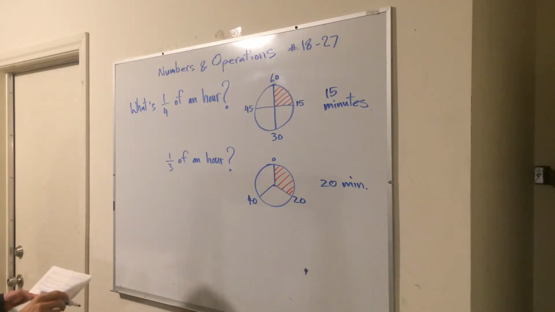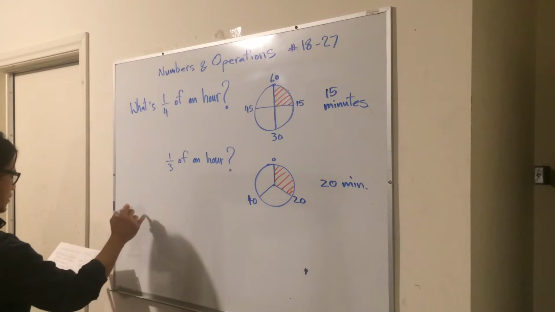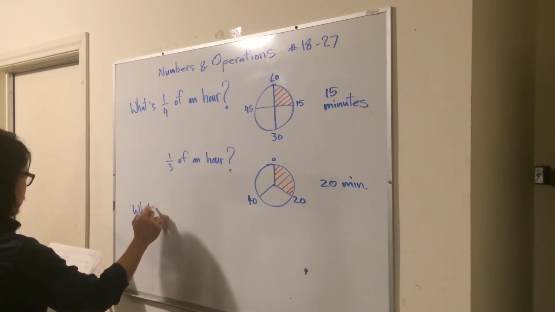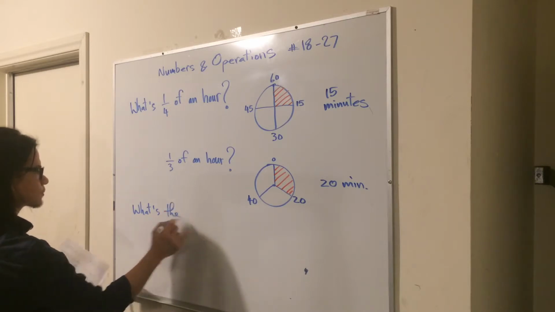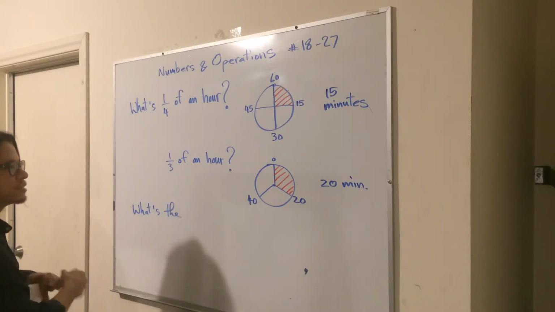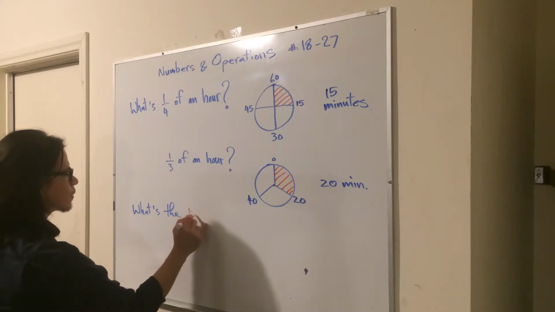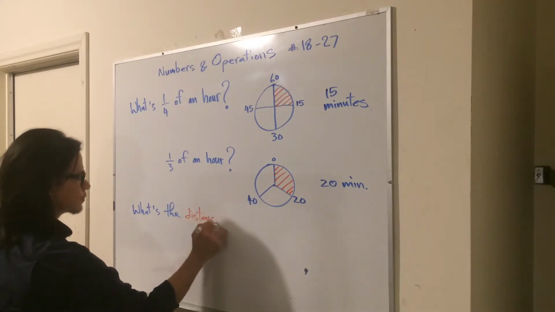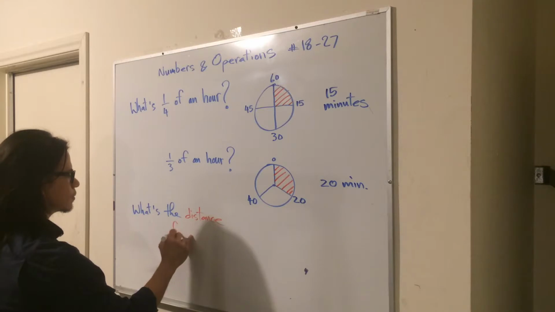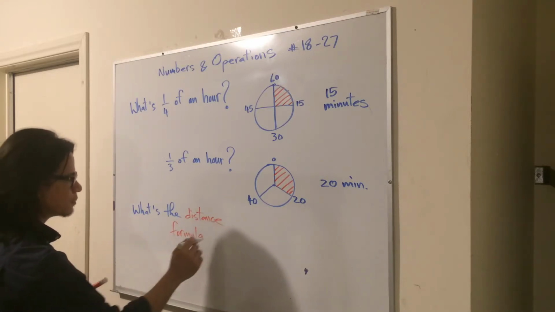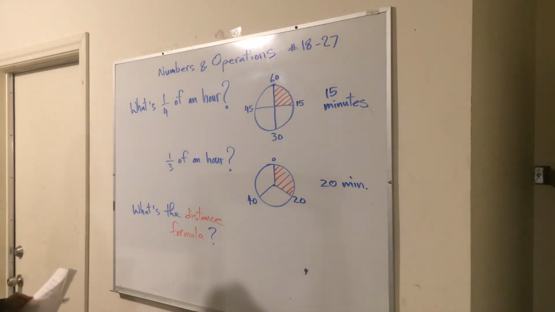Before we look at that final question, please make a note of this here. What's the distance formula? Some of you may have heard it. Some of you may have forgotten what it is.